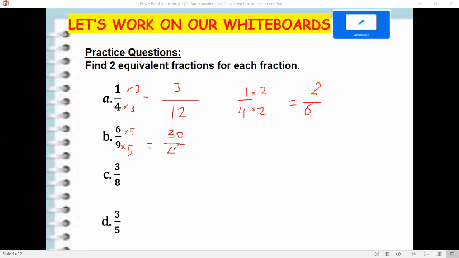So this will be 4/5. Okay, and then again I can multiply here by 7. So if you notice, I can multiply any number to the numerator and denominator, but at least the same number. So this will be 21 over 56. Therefore, 3/8 and 21 over 56 are equal. And this one I can multiply also by 20.